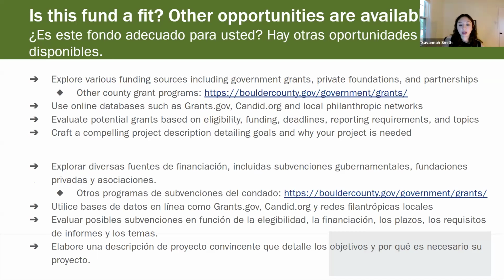You can also use online databases such as grants.gov, candid.org, or local philanthropy networks to search for grants. You should evaluate potential grants based on eligibility, funding, deadlines, reporting requirements, and topics. No matter what grant you apply for, you will likely need a compelling project description, detailing goals, and why your project is needed.